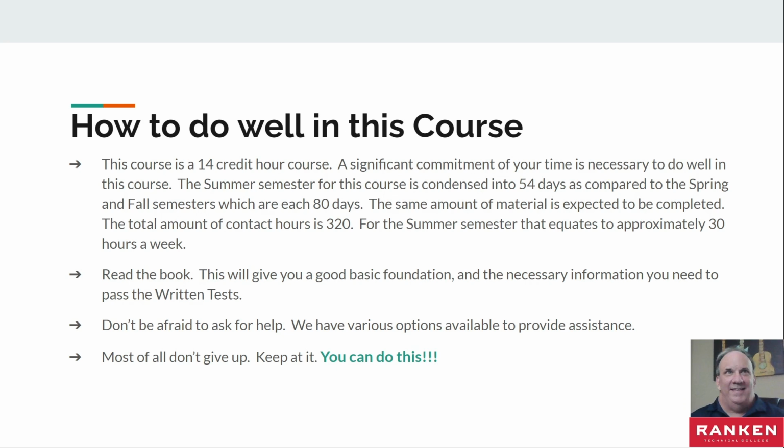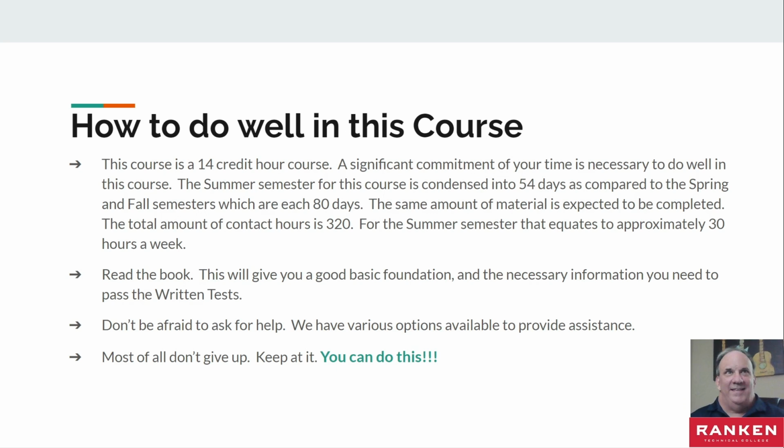And also, this summer course is a little more condensed. It's a 54-day course as opposed to the spring and fall semesters, which are 80 days. Unfortunately, the same amount of material is expected to be completed. The number of contact hours, and what contact hours are, it's basically hours you're doing something for the course, and that could be looking at the videos, or doing labs or homework assignments, right?